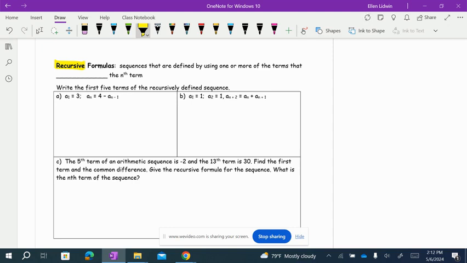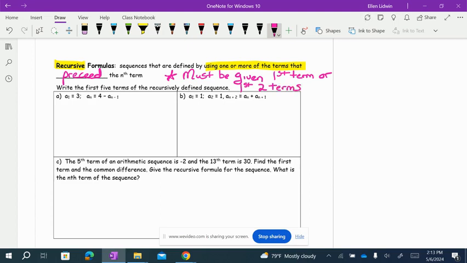So it uses one or more terms that precede the nth term. So you must be given the first term or first two terms.